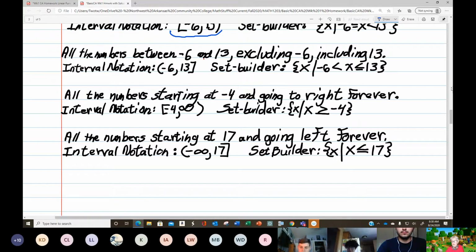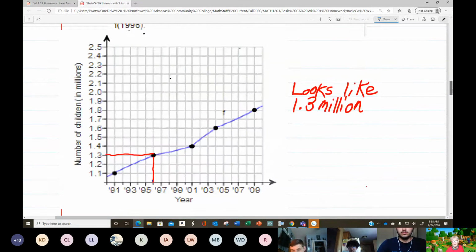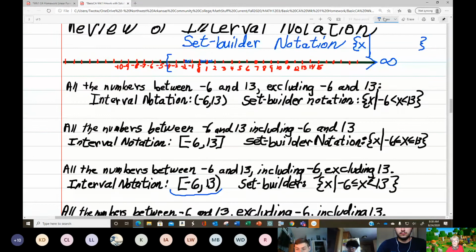What that says, if you have a graph or a picture, is that x is going to start here at 17, and I'm going to assume it equals, and then it's going to go forever, forever, forever to the left. It's never going to stop, not ever.